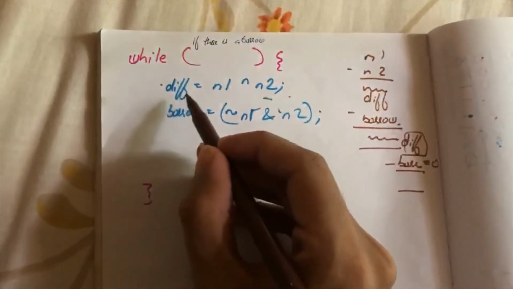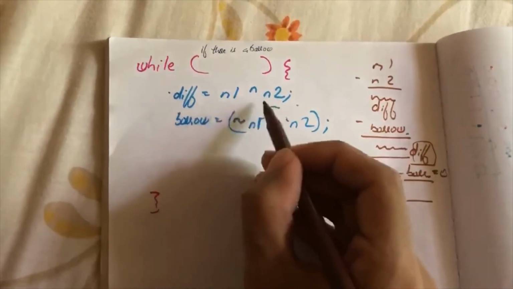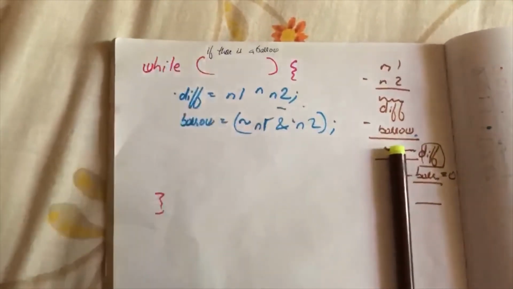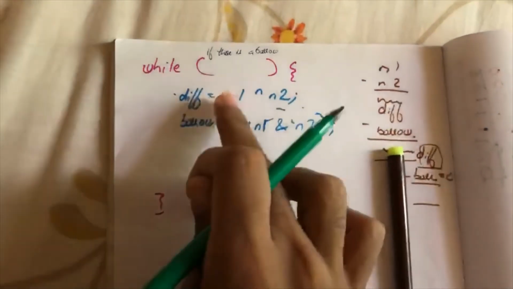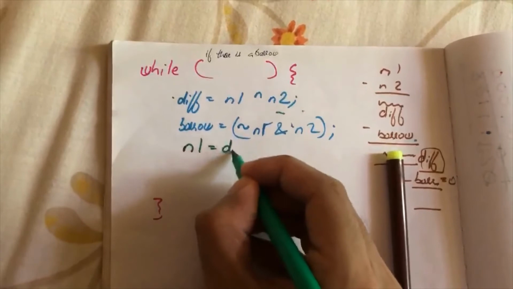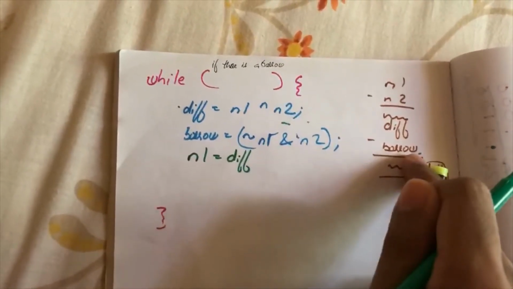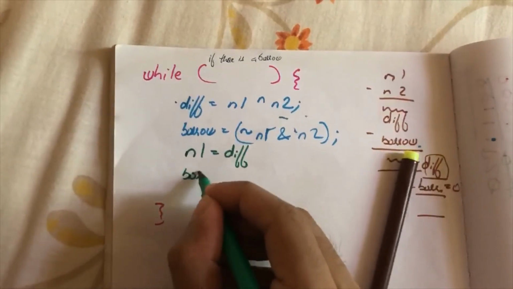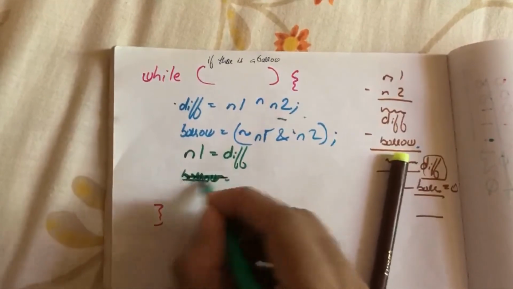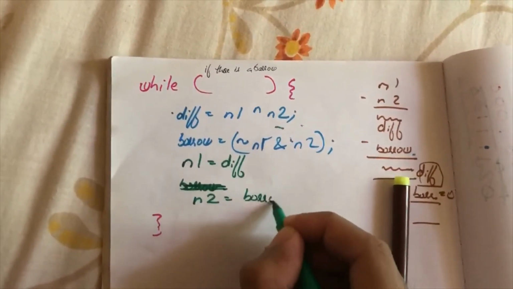But every time the difference is found when we are XORing n1 and n2. So because of that, when the loop runs the second time, I want n1 to become diff. So I'll write n1 is equal to diff, and the second thing should be borrow. So I will write, I'm sorry, n2 is equal to borrow.